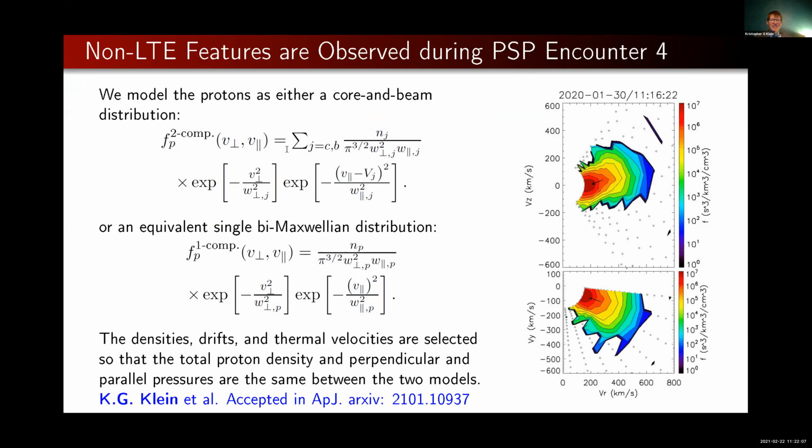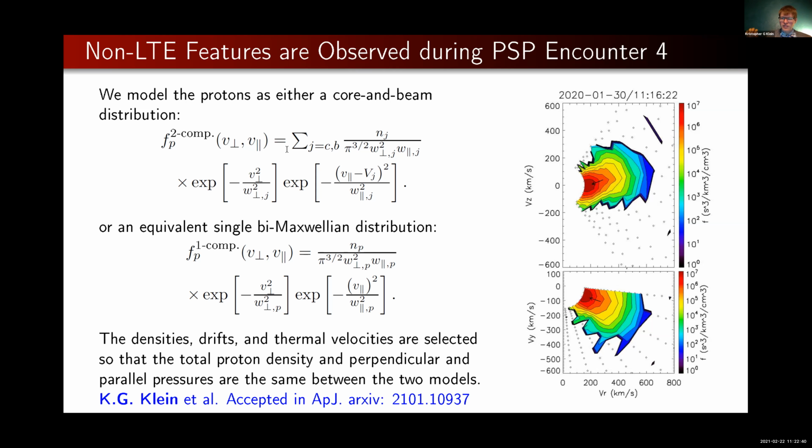So we're going to focus in particular on a few hour intervals and treat them using the SPAN measurements of the local proton velocity distributions, which are illustrated at right here, where we treat it as either a single bi-Maxwellian distribution or as a combined core and beam profile, which will both have the same densities and total pressures, but have very different velocity space structure.